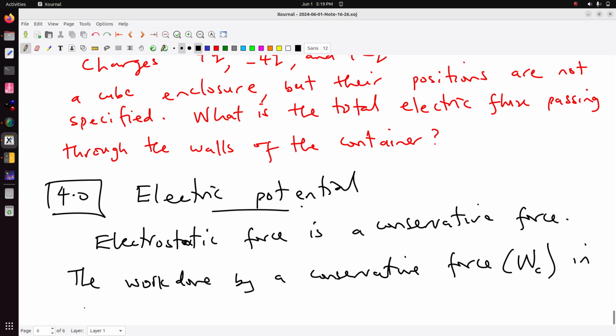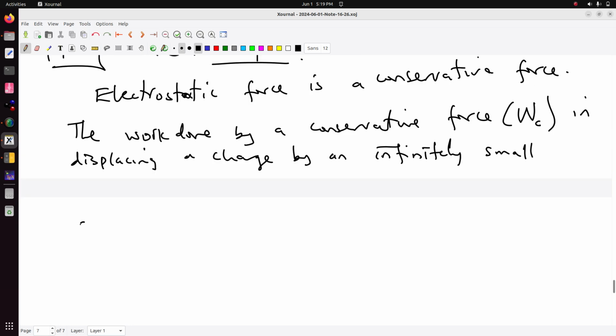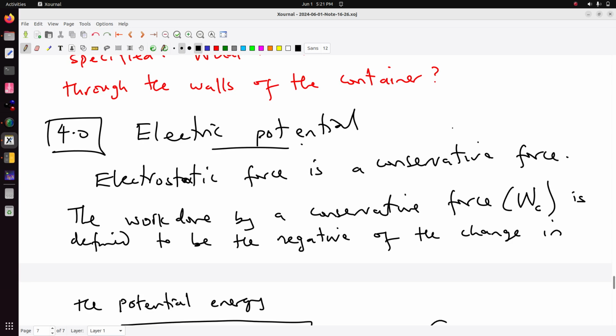In moving or displacing a charge by an infinitely small displacement, let's denote that as dr. The work done by a conservative force, which we denote as W subscript C, is defined to be the negative of the change in the potential energy.